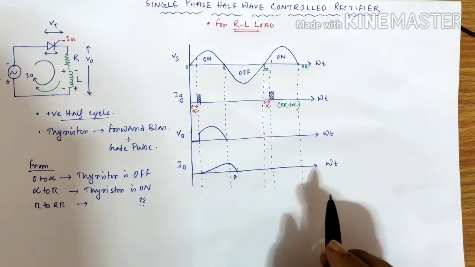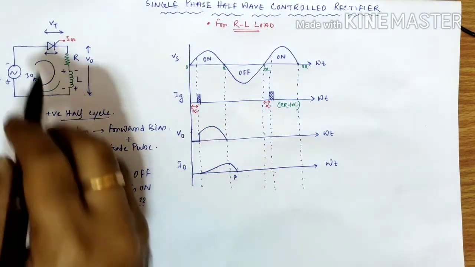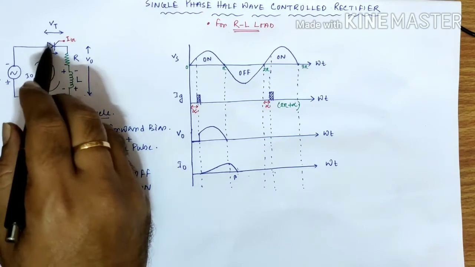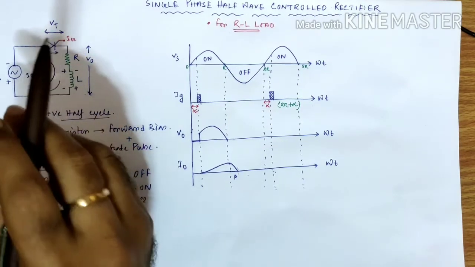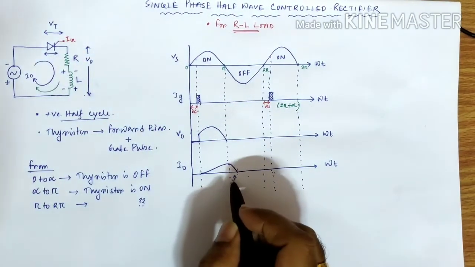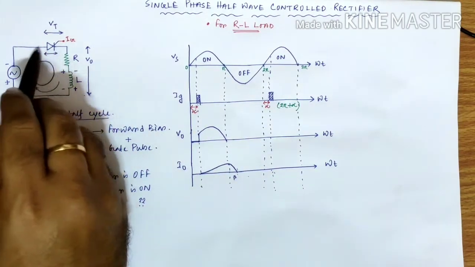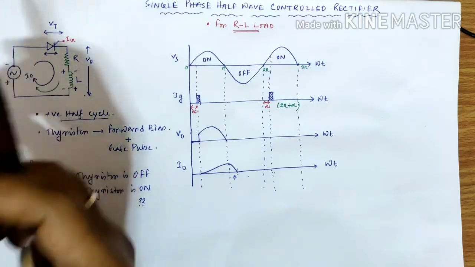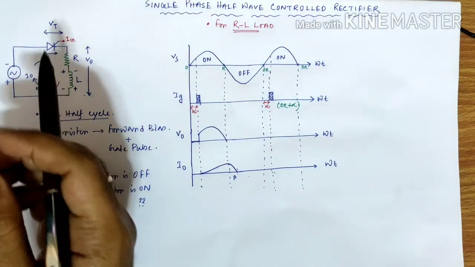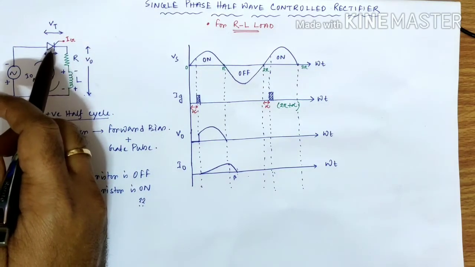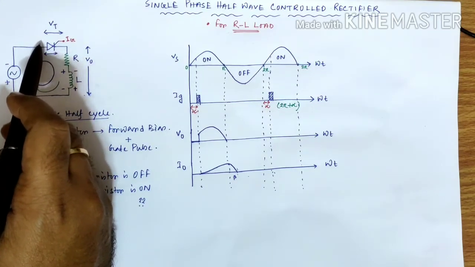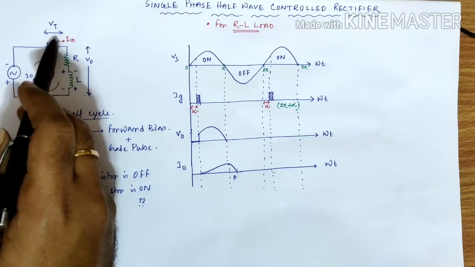We can say in this way also: as the inductor gradually discharges through this thyristor, after a certain time at the angle of beta, the current flowing through the thyristor reaches a value below its latching current.